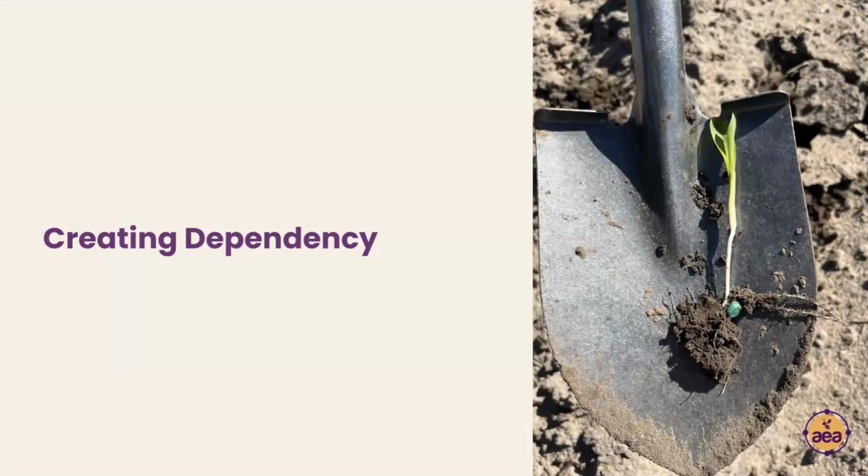And what this does, when you apply soluble phosphorus in the furrow at planting, is create a soluble phosphorus dependency for the rest of the plant's life. And not just soluble phosphorus, but also all of the other nutrients that mycorrhizal fungi can supply.